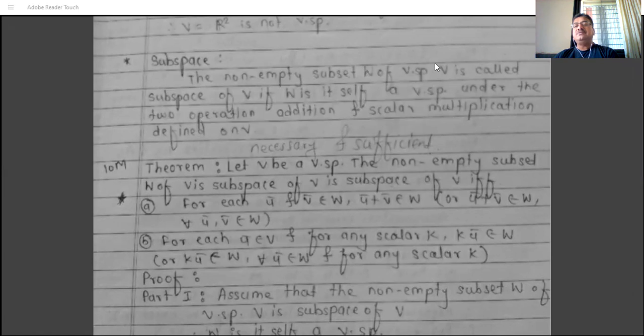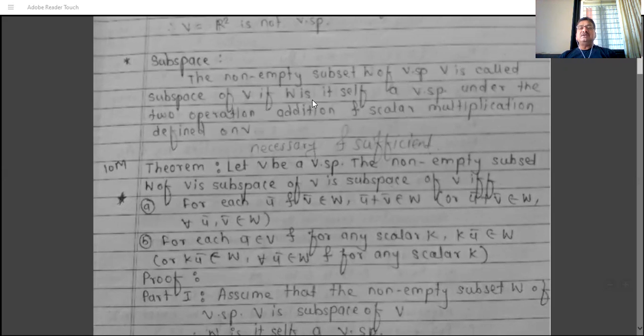Under these two operations, V is a vector space, and W is a non-empty subset of this vector space V. So W is a subspace if W is itself a vector space under the two operations, addition and scalar multiplication, that are defined on V.